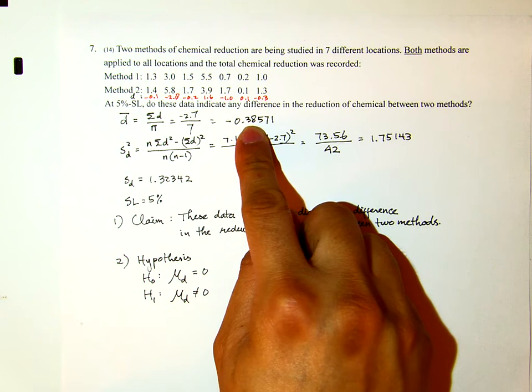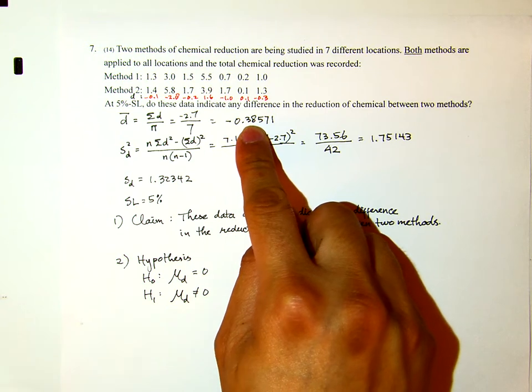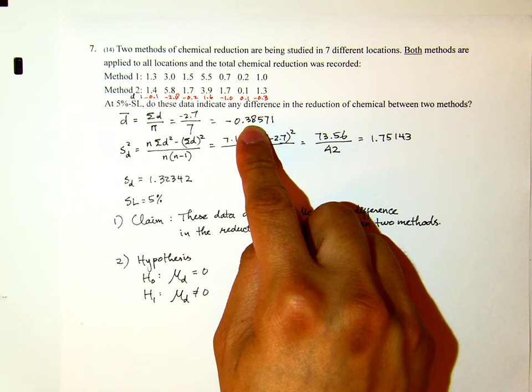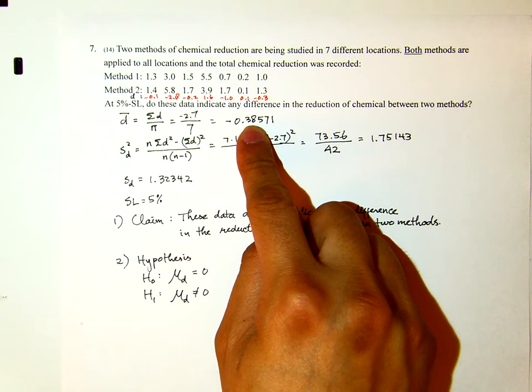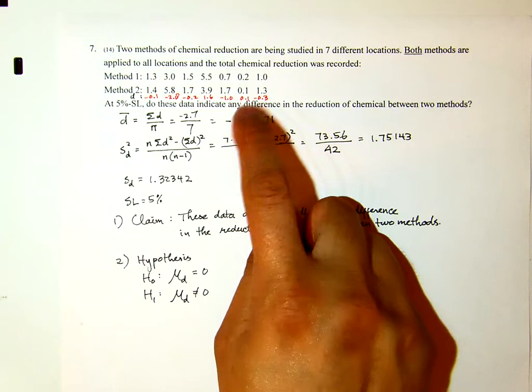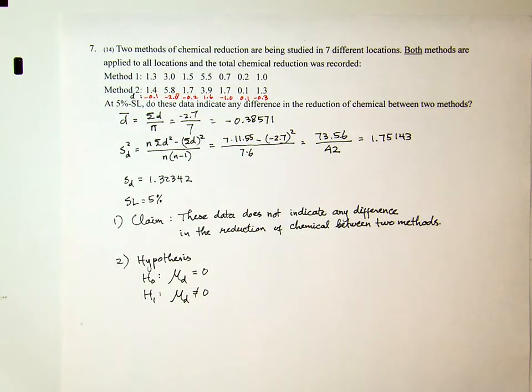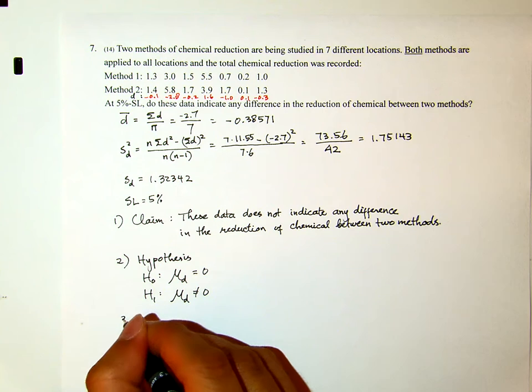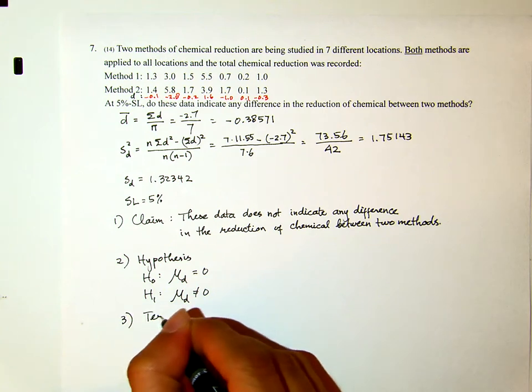Yes, we have some difference from our sample, the average sample difference is not 0. But is this difference simply because of randomness, or really because of a systematic difference? That's why we come up with the test statistic.